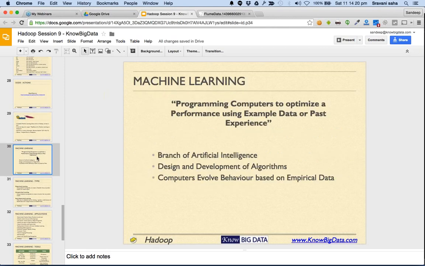Okay. Now, what exactly is machine learning? Machine learning is basically programming computers to optimize a performance. So when you see a problem, you look at the input data, you look at various solutions provided by various people in those circumstances, and then based on a newer problem, you try to form the newer solution.